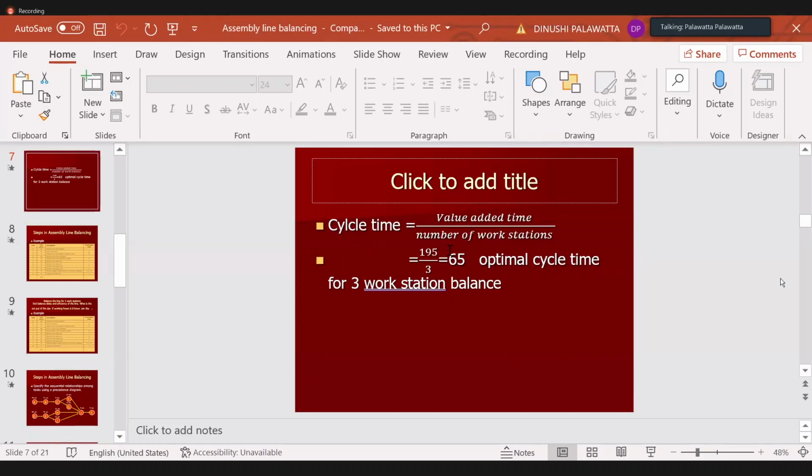On the other hand, if we have been given a particular cycle time, then we can calculate the required number of workstations by value added time divided by the cycle time. You will get the theoretical number of workstations. So that's how it is.